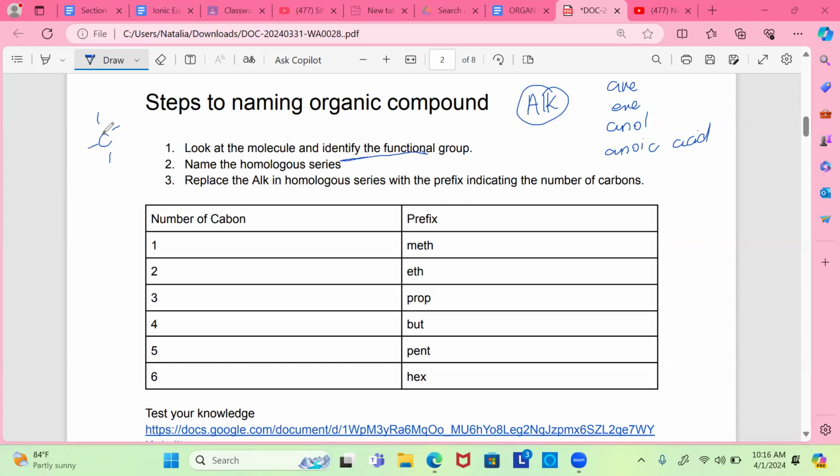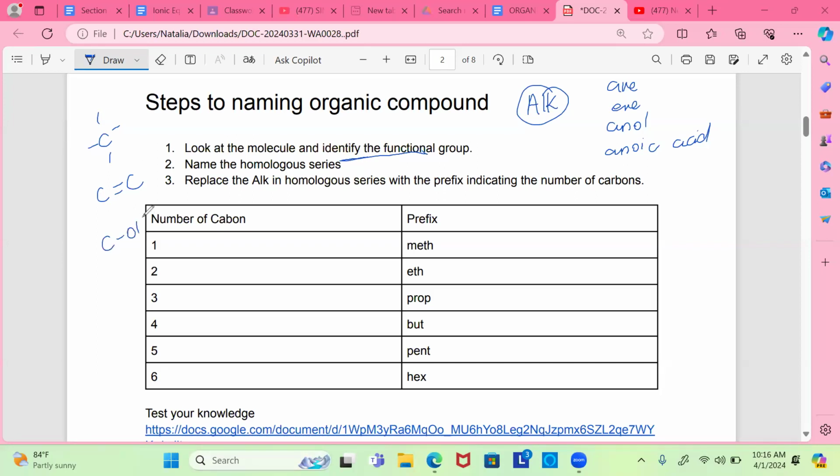If we see a carbon-carbon single bond as a functional group, what homologous series does that belong to? Alkane. If we see a carbon-carbon double bond, which homologous series? Alkene.